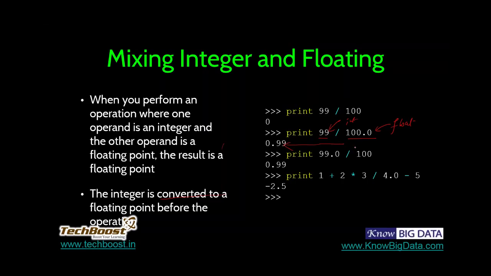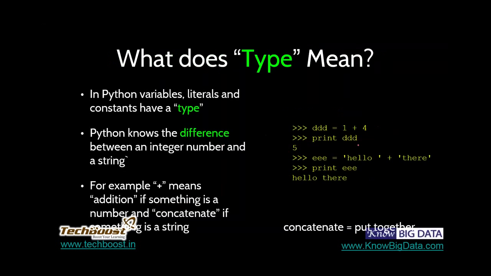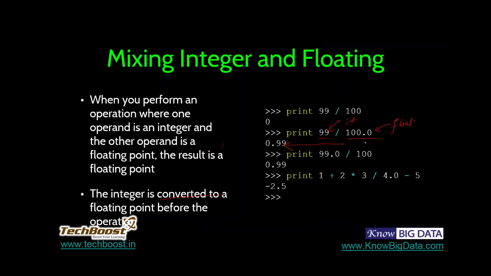I hope this is clear. So when you mix integer and floating, the result would be floating because the integer would be promoted. This is also called promoting. So int is promoted to float.